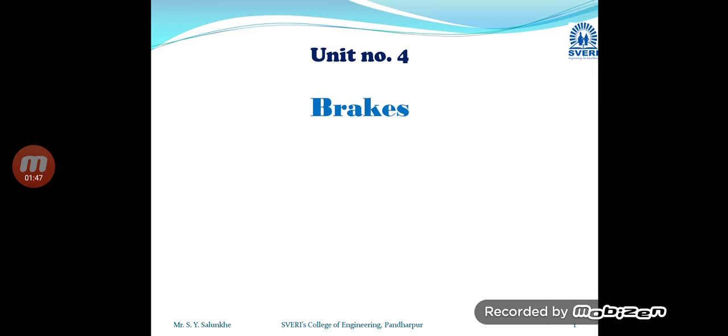Against this rotary motion we apply some external force and reduce it. As soon as we reduce the rotary motion, everything connected to the center of rotation, that is the axle of the bicycle, reduces its motion, and hence it will come to rest or the motion will get reduced.